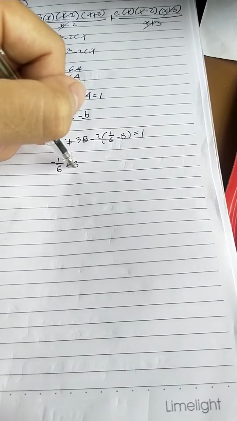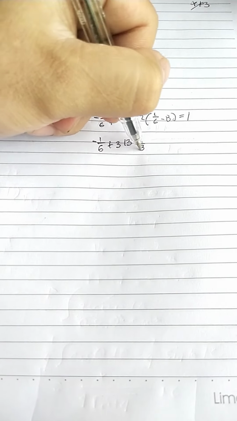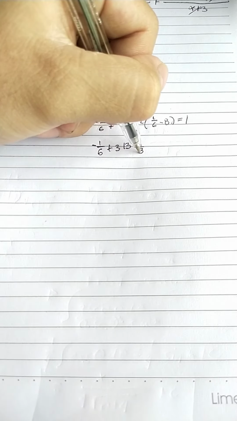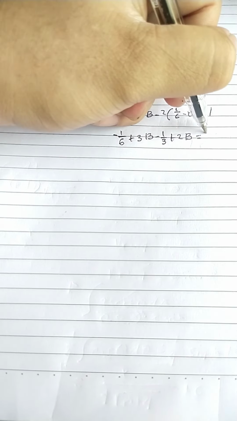So negative 1 over 6 plus 3b minus 1 over 3 plus 2b is equal to 1.